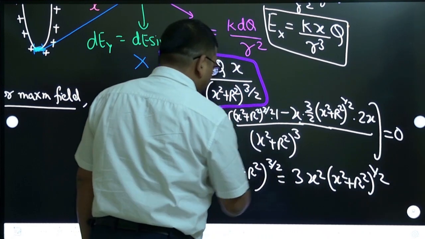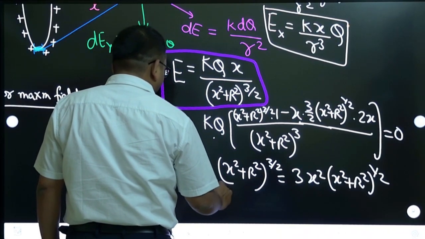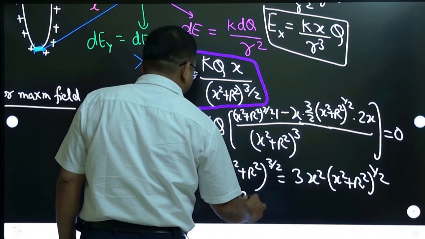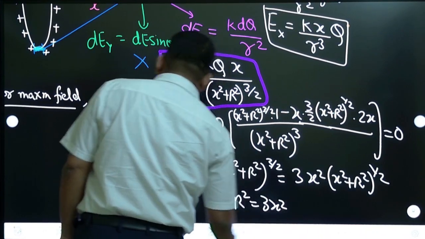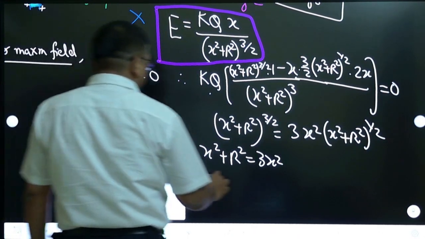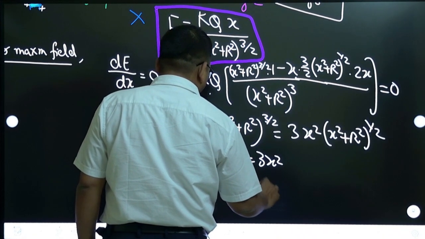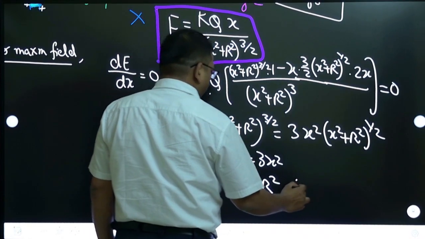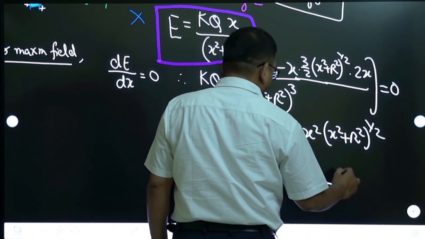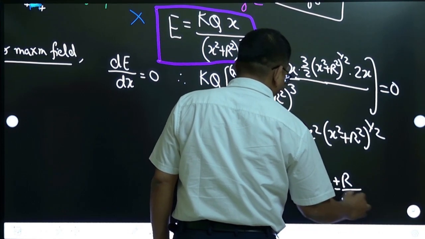Now the half power and this will get cancelled, so 3 by 2 minus half means power 1, so x square plus r square is equal to 3x square. From here you get 2x square is equal to r square. So x is equal to plus minus r by root 2.